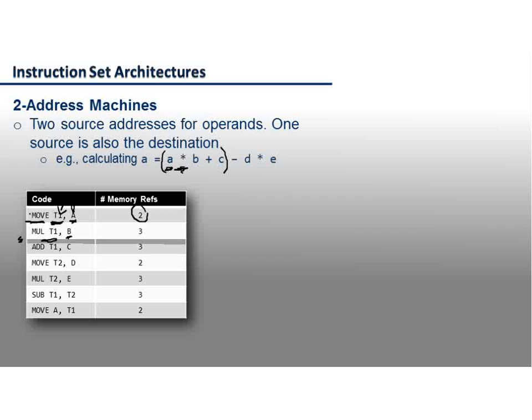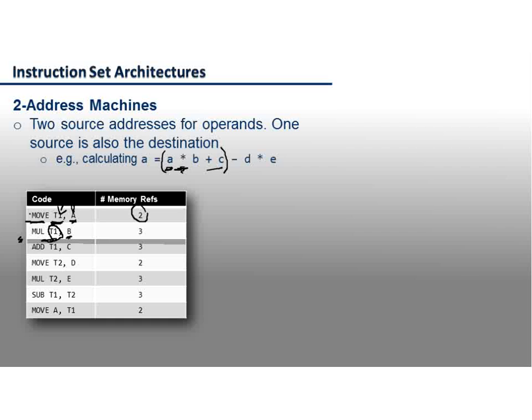So you bring T1, which has the value of A, multiply it by B, but always the middle one is source and destination. So it is a destination, now we need to bring it back to it. So the result of the multiplication between T1 and B has to be stored back inside T1. Right.